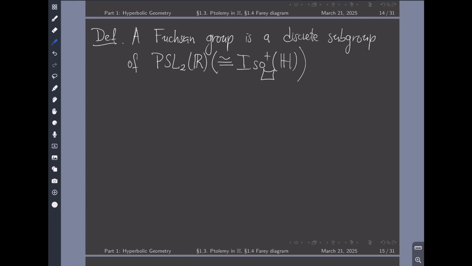That condition, like for instance, if you go to Penner's book, means that peripheral elements of the fundamental group go to parabolics. But I don't want to go too much into that. Just that it is possible to impose that condition for the Fuchsian group to guarantee that the quotient of the hyperbolic plane modulo the group has the property that that point is one point at infinity and not a whole circle at infinity, a funnel.